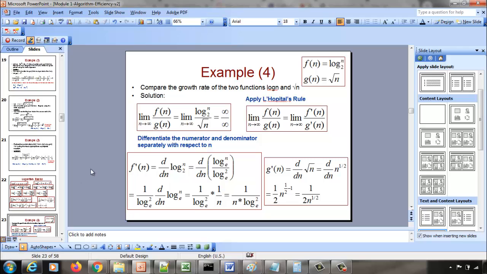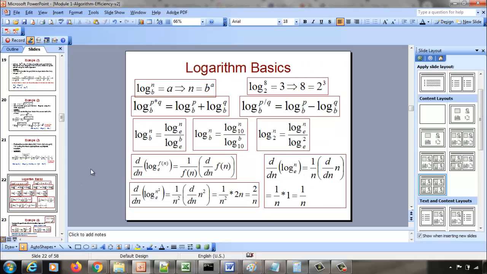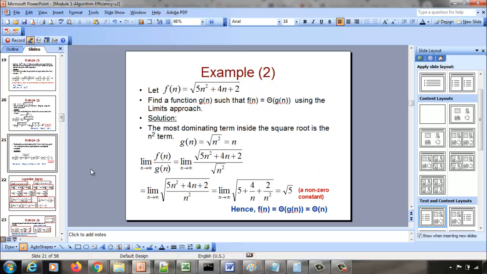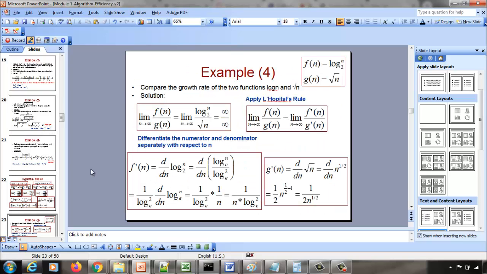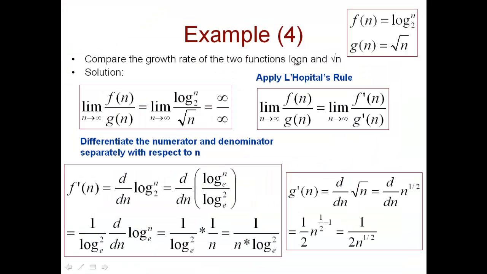What we were looking at in a broader picture is this limit approach. If you have two functions, f of n and g of n, how to decide which function grows faster than the other, or whether they are growing at the same rate. That's what we are going to do now. We are given two functions, log n and square root of n.